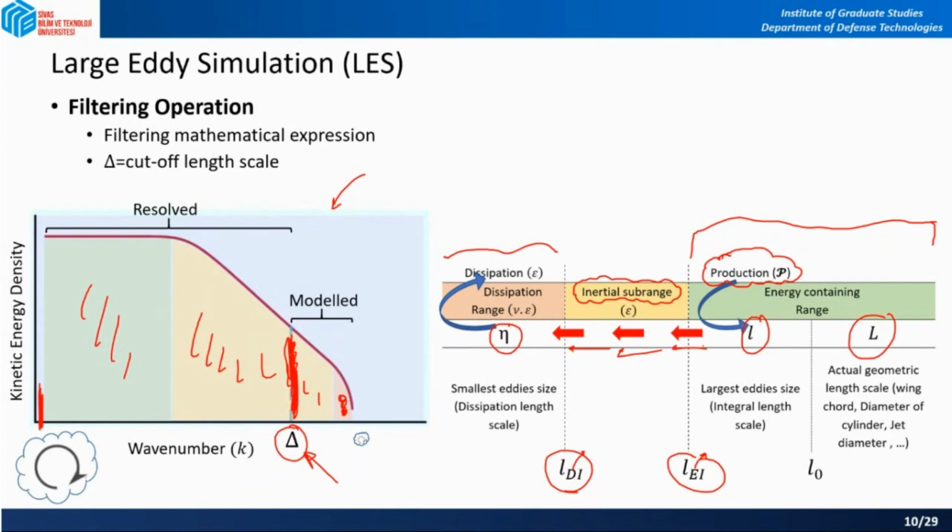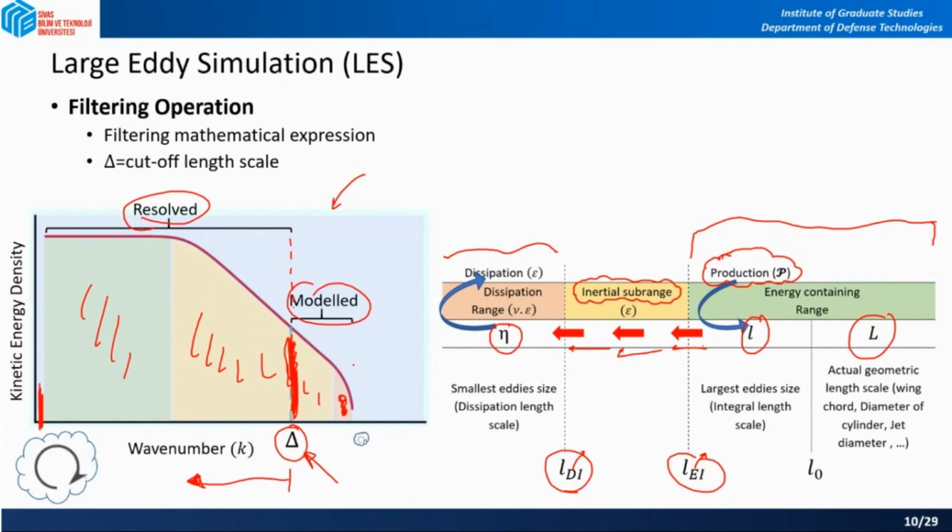So to the left of this delta, I mean in this side, I have resolved all of the structures. So I wrote resolved to the left. So whatever grid that I'm putting on my field, it has to be fine enough to resolve all of the wave numbers that are smaller than delta. To the right of delta, as you see, I wrote modeled.